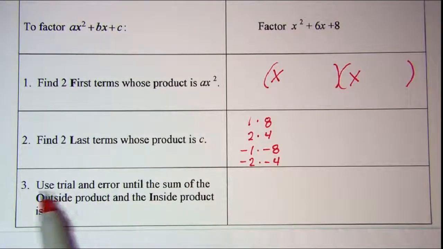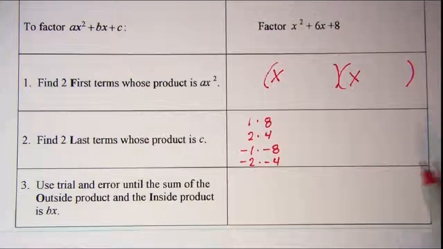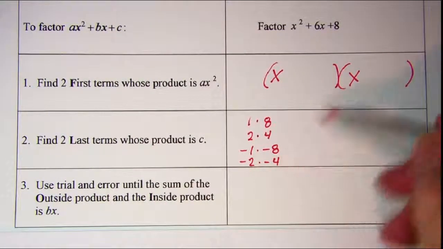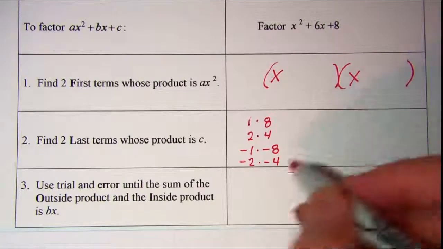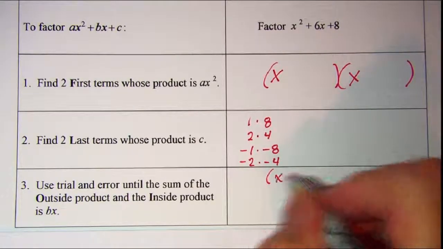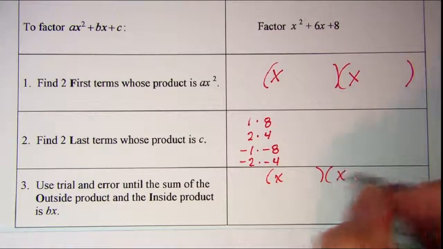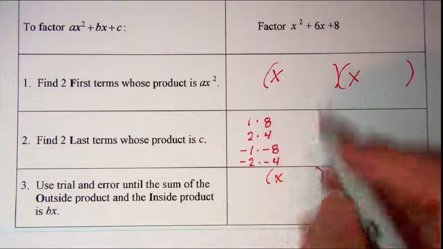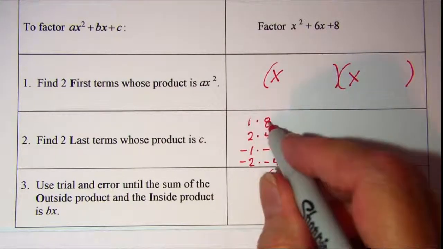And then finally, I want to use trial and error until the sum of the outside product and the inside product is bx. So I want to try these in my factored form. Let me try +1 and +8.